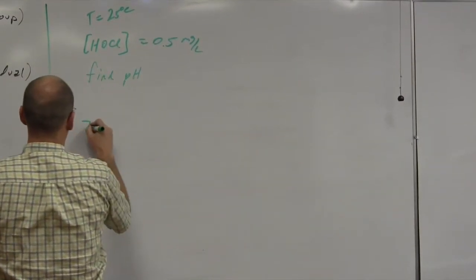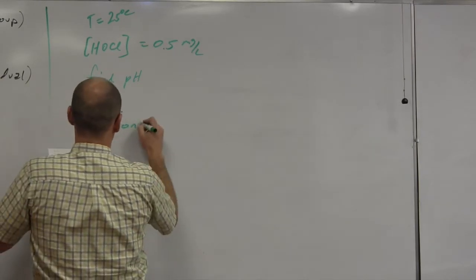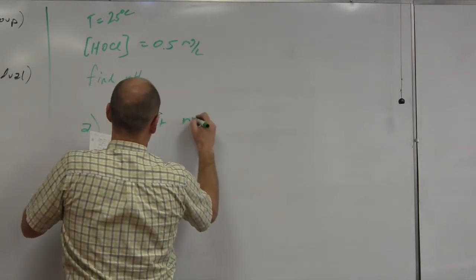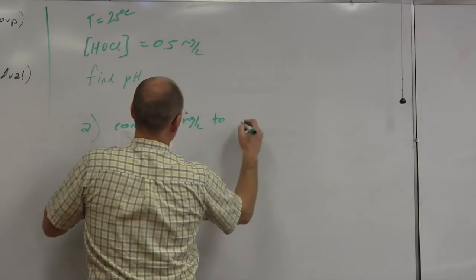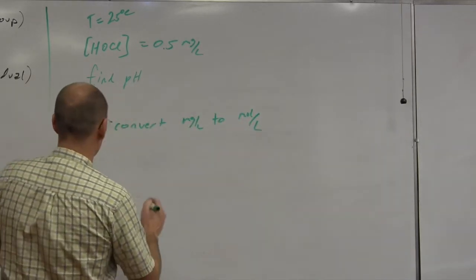Okay? So part A of this, we'll break it down into 3 parts. We're just going to convert milligrams per liter to moles per liter. When we're doing pH, we usually need it in molar units.